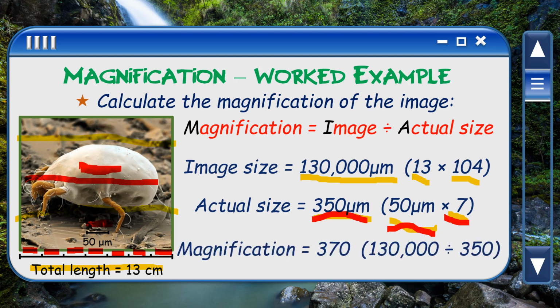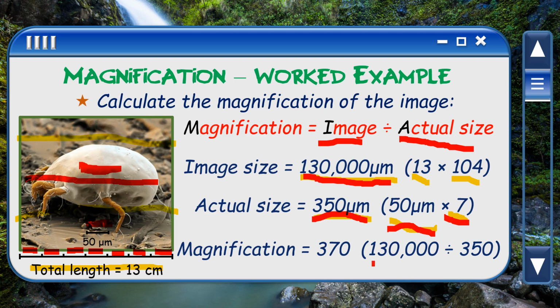Therefore, our magnification is going to be our image here divided by the actual size. And our image, we know now that it is 130,000 micrometers.